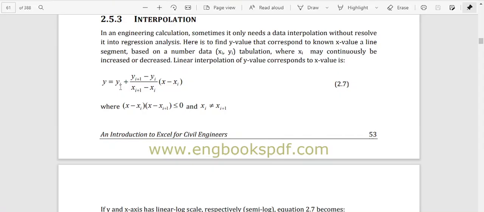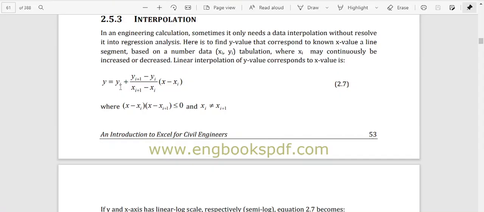xi is the corresponding value to yi, and x is the value corresponding to y. In this instance, x is known, xi is known.